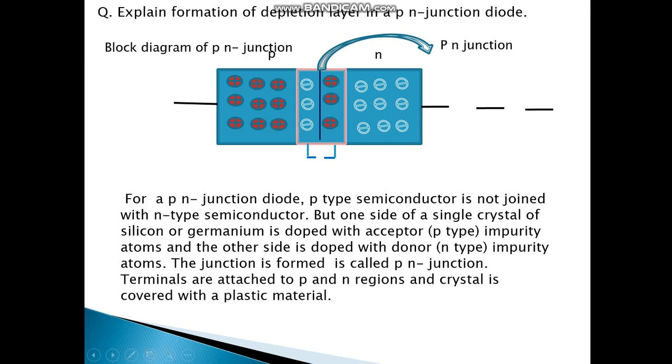The junction formed is called the p-n junction. Terminals are attached to the p and n regions, and the crystal is covered with a plastic material. This is the potential barrier which we are going to talk about now. Then we have the symbol of the diode. This side is positive, this is negative.